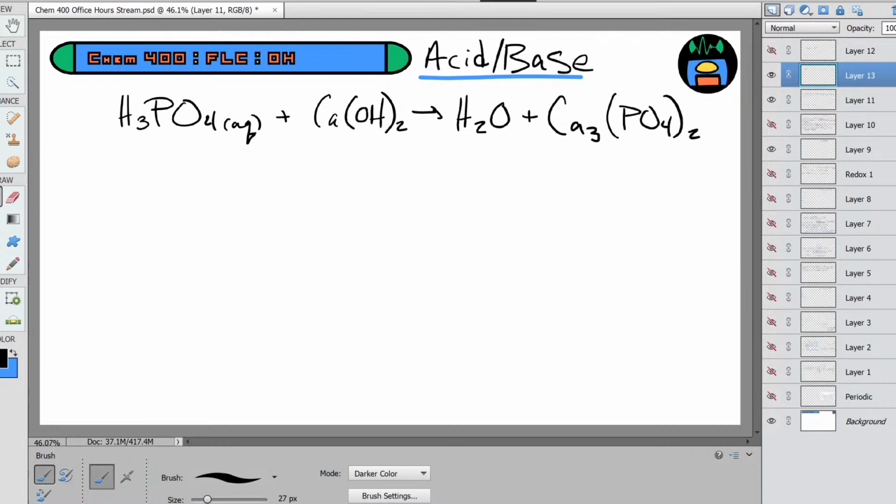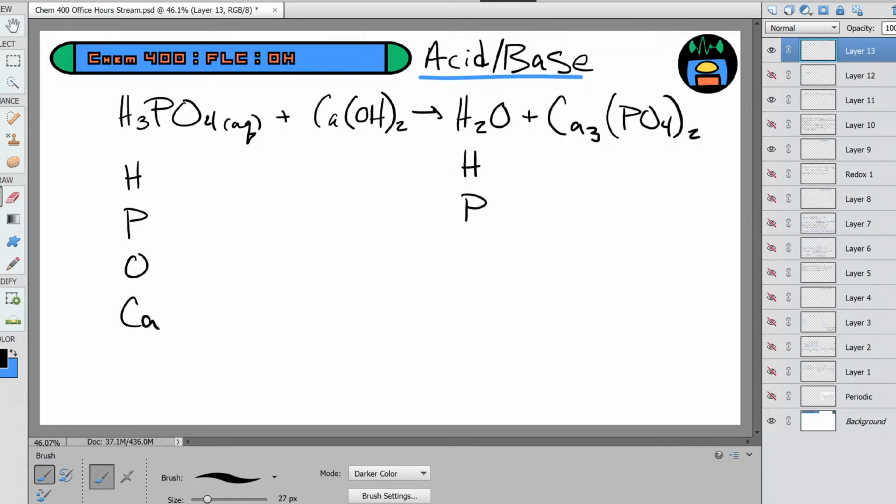All right, and now we have to balance the situation. So we have hydrogen, phosphorus, oxygen, and calcium on both sides of this equation.